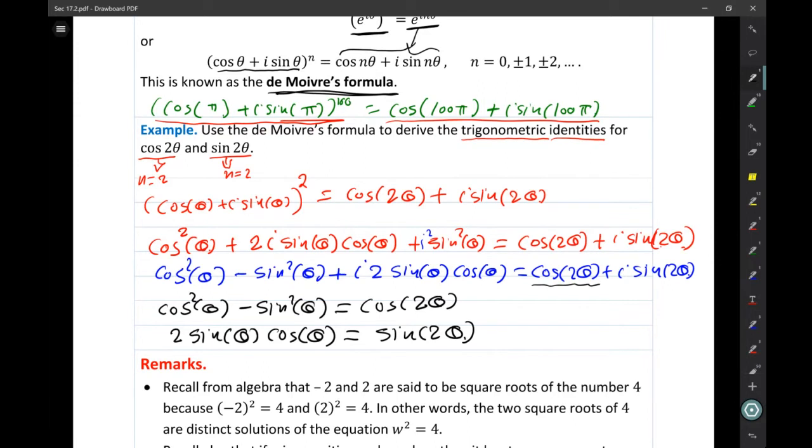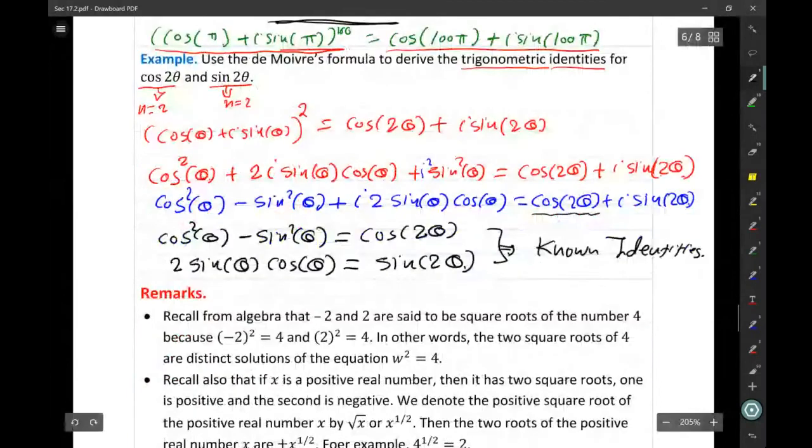And we know those two identities from calculus 1: cosine 2 theta is equal to cosine square minus sine square, and sine 2 theta is equal to 2 sine theta cosine theta.